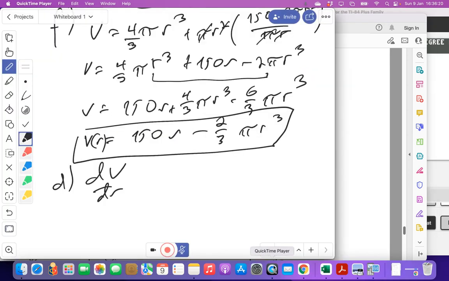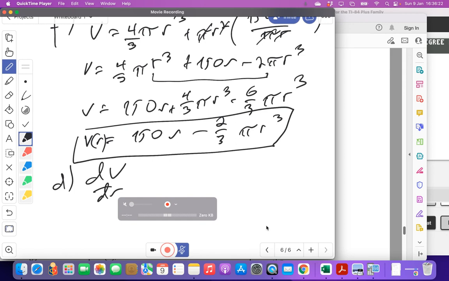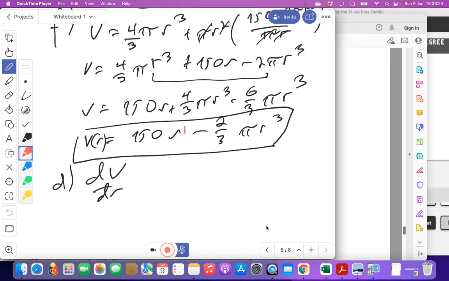This first one here actually has a power of 1. So I take that 1 down front, and then I take 1 away from 1, I get r to the 0, and anything but 0 to the 0 power is going to be 1. So our derivative is just going to be 150.